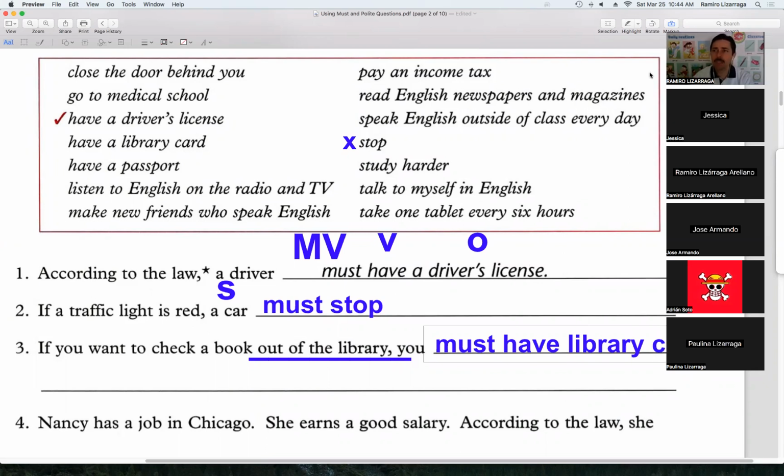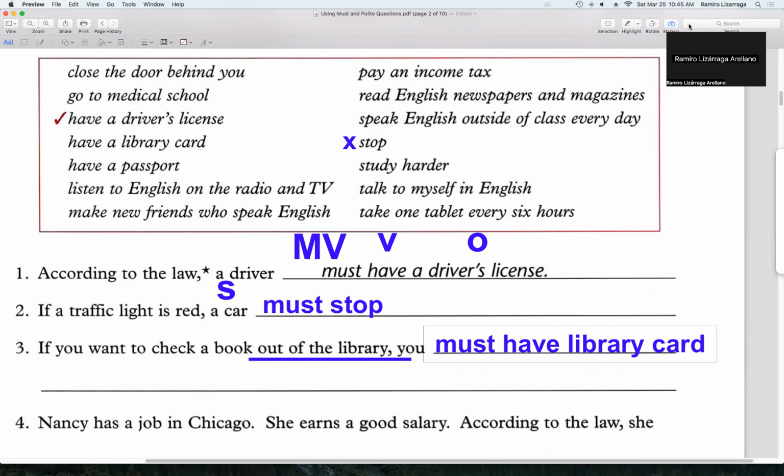En Estados Unidos sí es muy común que en las bibliotecas públicas se nos proporciona un library card, una tarjeta de identificación, y podemos sacar libros. You must, perdón. Pues eso a mí me gusta mucho. So you must have a library card.